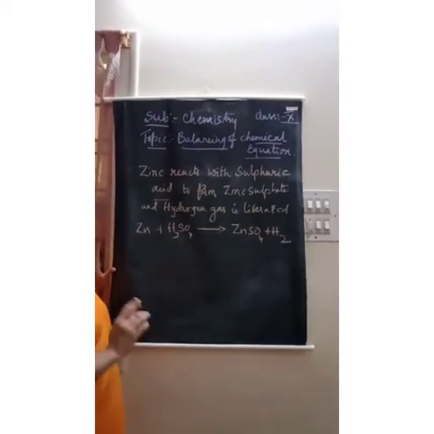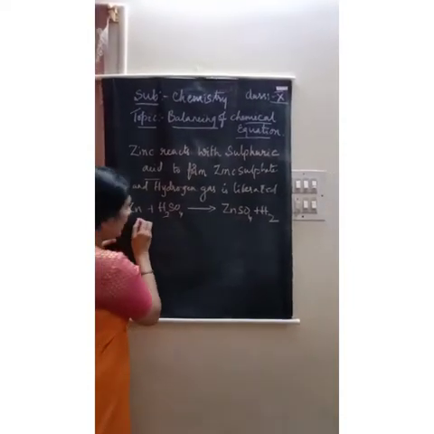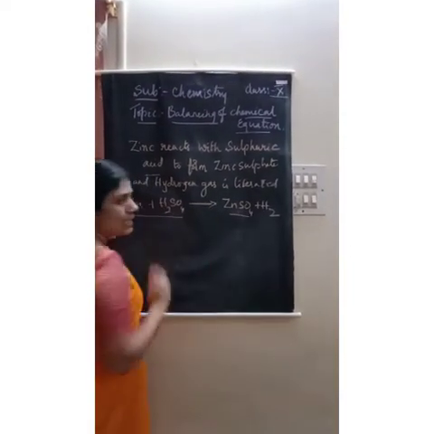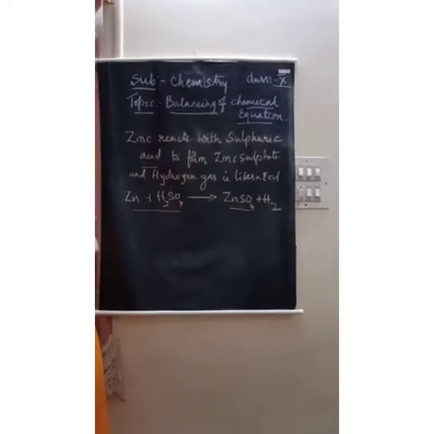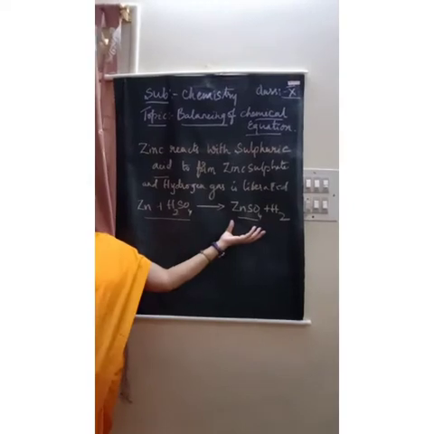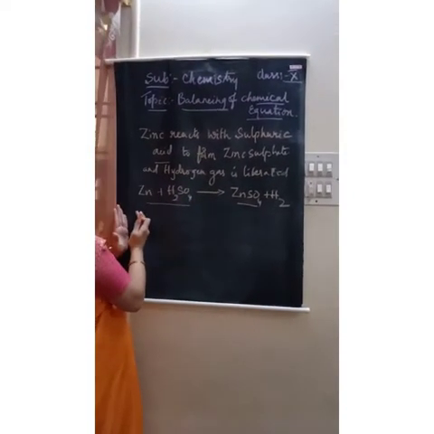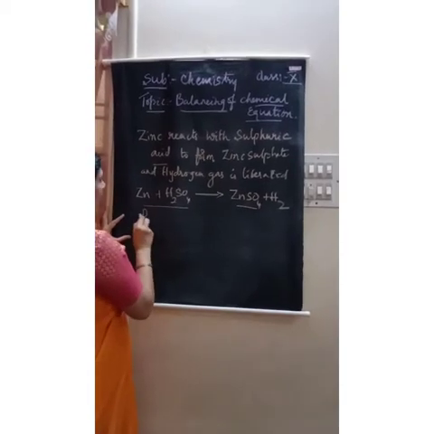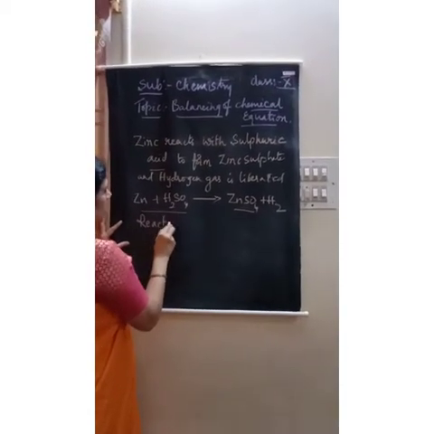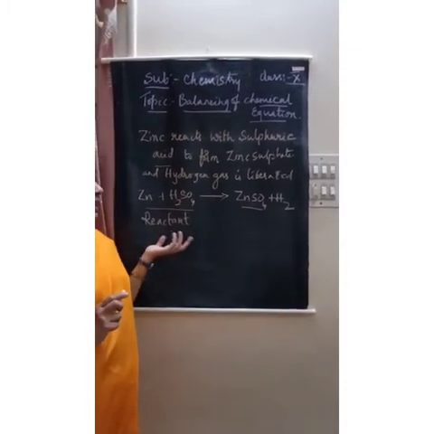I hope that is clear, children. So the next question arises: what does a chemical equation consist of? A chemical equation consists of reactants and products. Which are the reactants? The left hand side of the chemical equation is called the reactants.